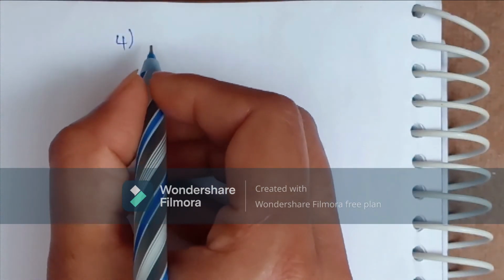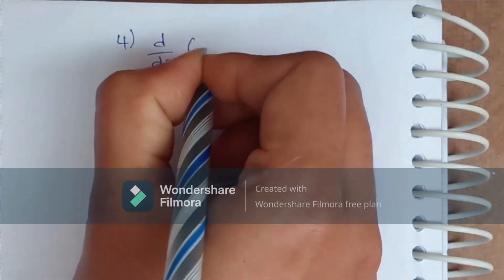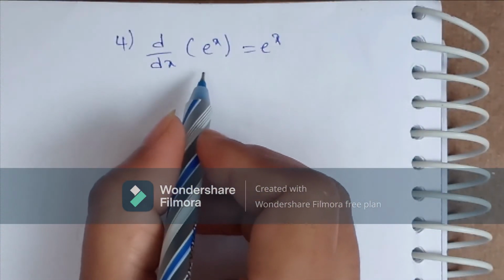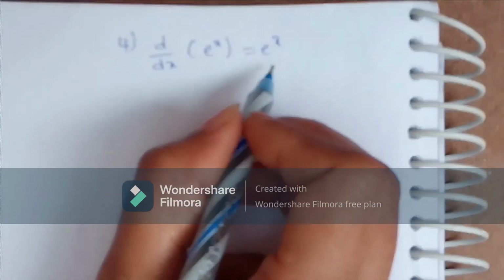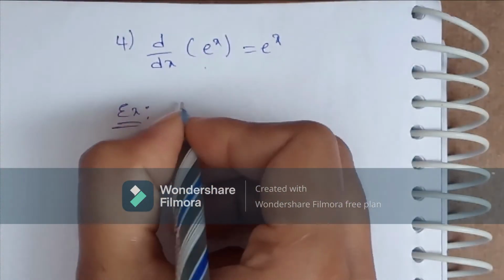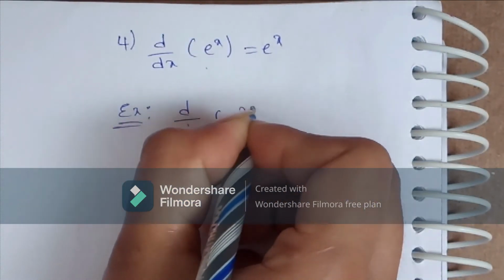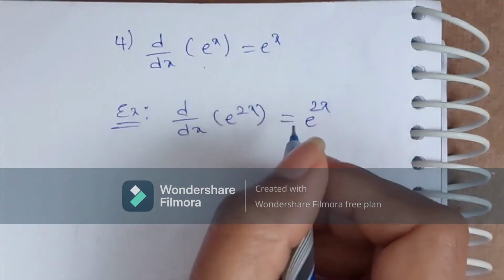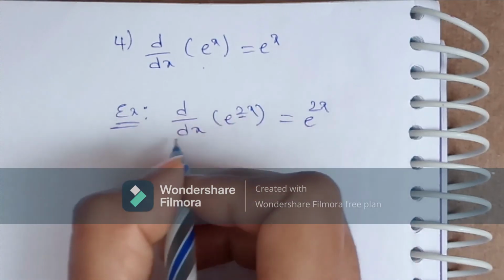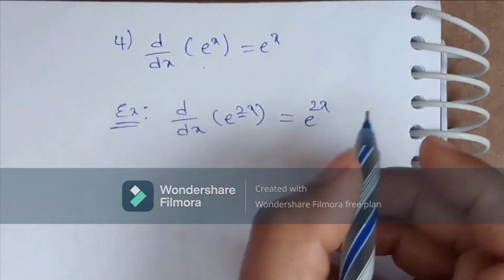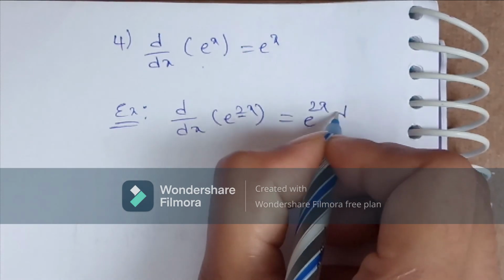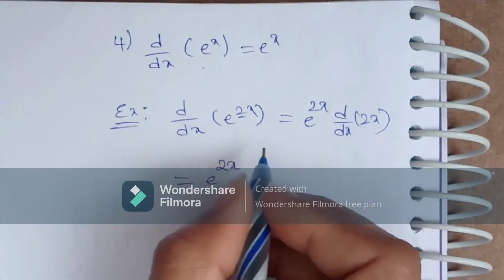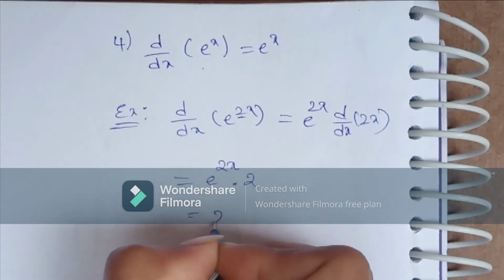The fourth one is d by dx of e power x. This is the standard formula: d by dx of e power x is always e power x. For example, d by dx of e power 2x is e power 2x into d by dx of 2x, which is 2, so the value is 2 into e power 2x.